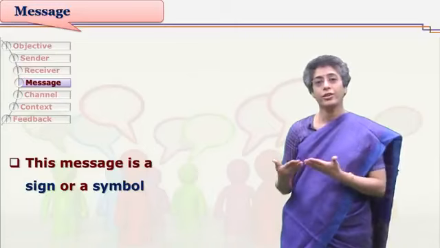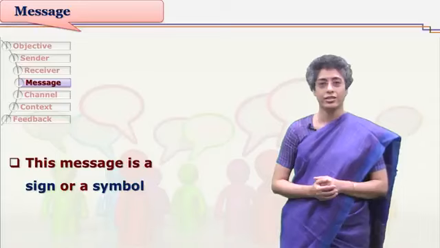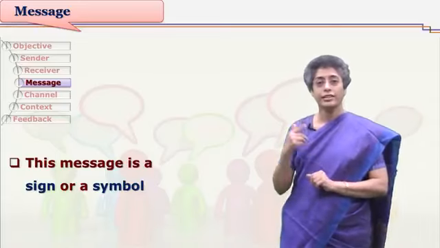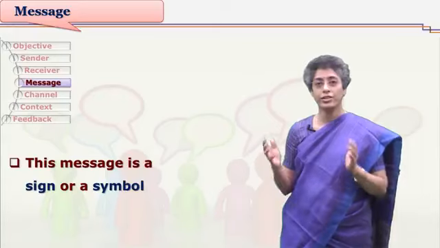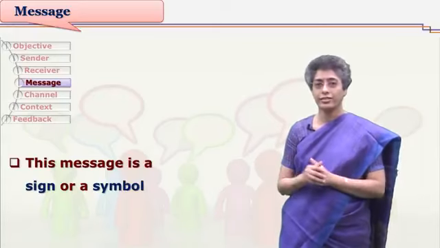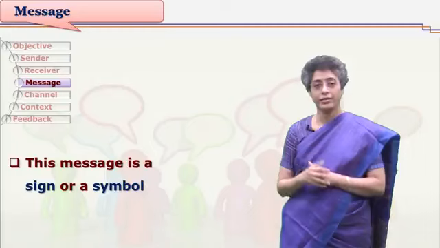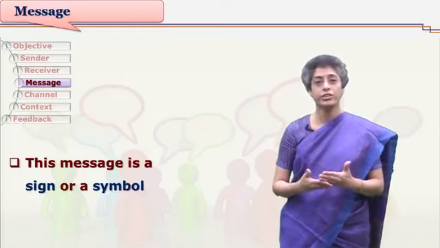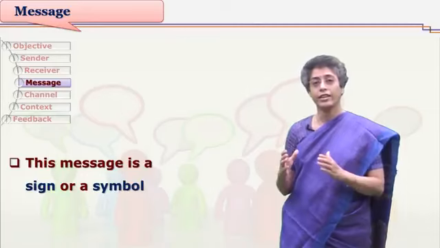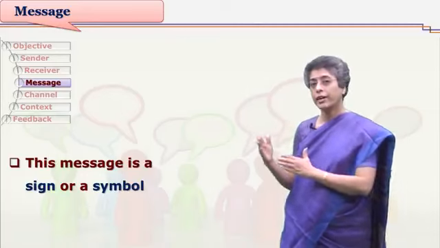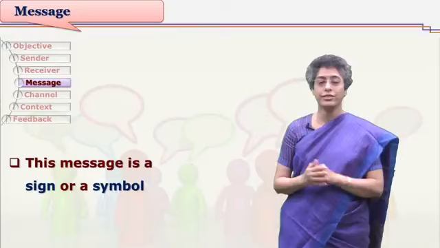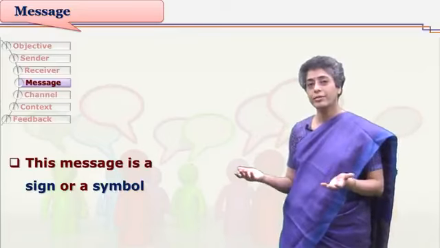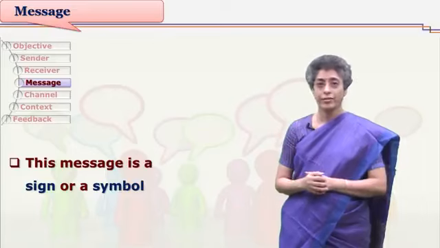Whenever we talk about verbal communication, we use some language, and we all know that language is a set of signs and symbols. In every communication, in every culture, there are certain signs which are understood by the sender as well as the receiver. And these sets of signs and symbols work as messages.